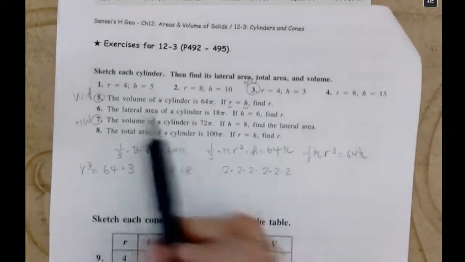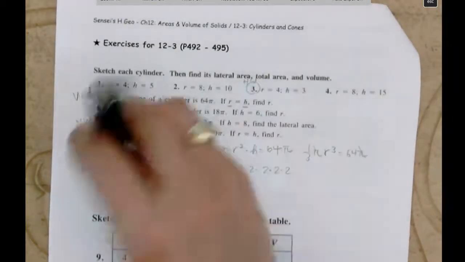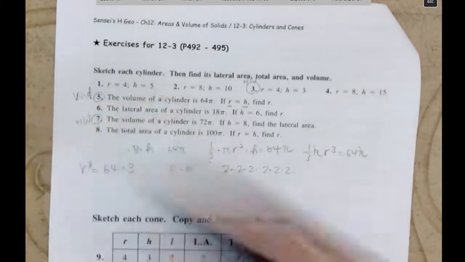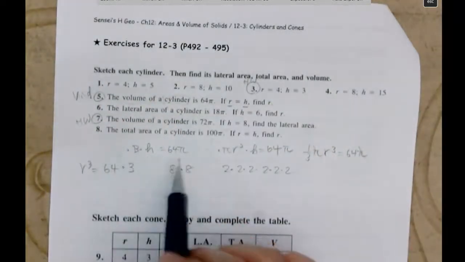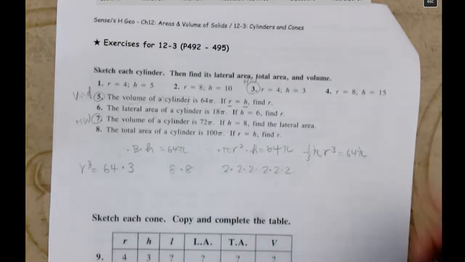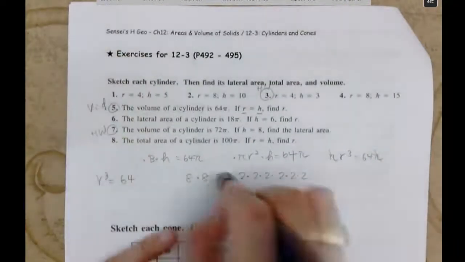Sorry guys, I forgot to read the problem. This was a cylinder, so you don't need a third. That's why I was confused. It's the base times height. I was thinking, why is the 3 left? All right. So r squared times r is 64.